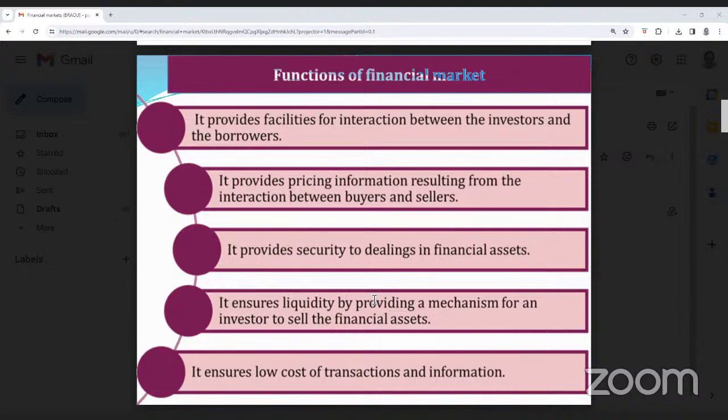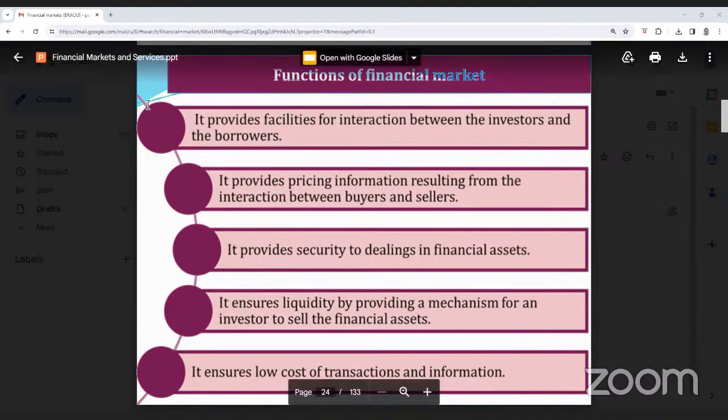Girls, Gayatri, Samira, Aisha. Yes, ma'am. Tell me what the functions are. Can you briefly explain with your own examples?